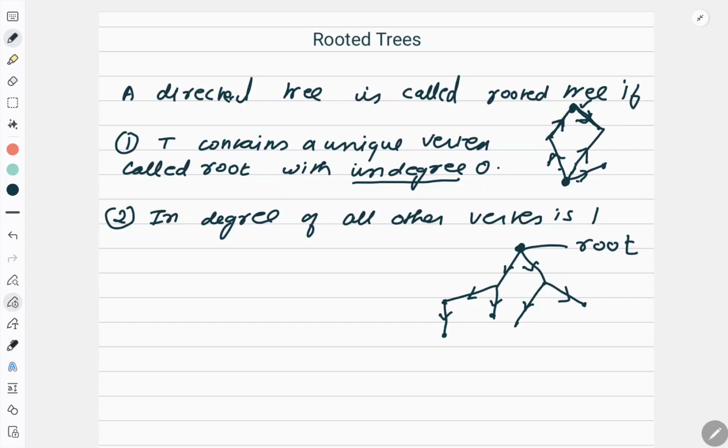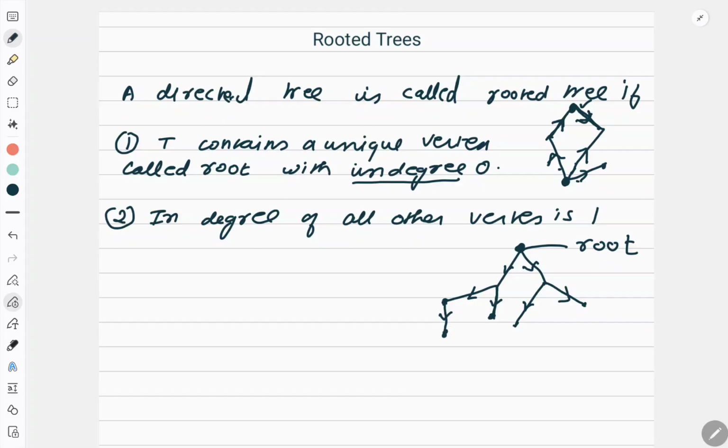The in degree of all other vertices should be 1, meaning every vertex should have in degree 1. Like this is 1, this is 1, this is 1. Only one vertex should have in degree 0, and that is known as the root.